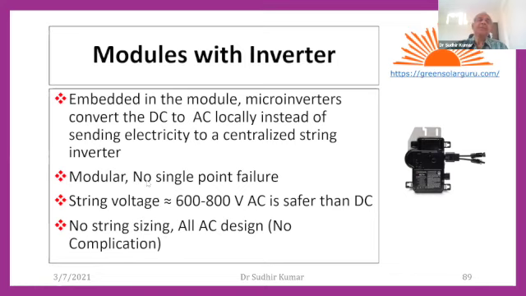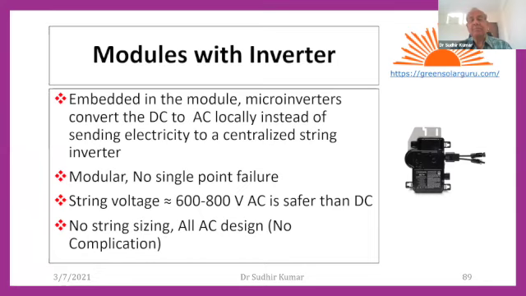Suppose a centralized inverter is there and one inverter is gone, then the whole set of modules is not producing power. In this case, each module is producing power. So no problem. If one module is not working, the other is producing power. And string voltage, I think most of you know, is when many modules in series are called a string. So in the string, the DC voltage is added. 600 to 800 DC voltage is generally added. But with an inverter, you have 600, 800 volt AC.